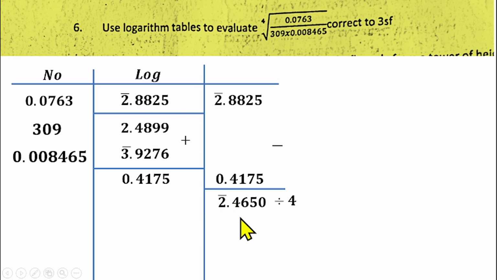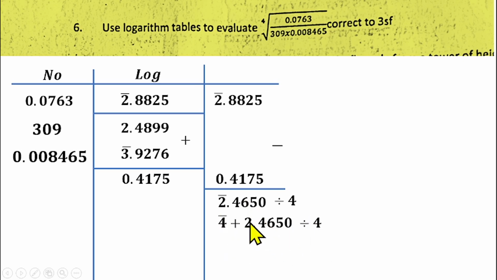One of them is a negative number which is a multiple of 4, and that is bar 4 plus 2. Bar 4 plus 2 will give us bar 2, and 4 can go into bar 4. So that replaces bar 2 here. You have bar 4 plus 2.4650 divided by 4. Bar 4 divided by 4 gives us bar 1.